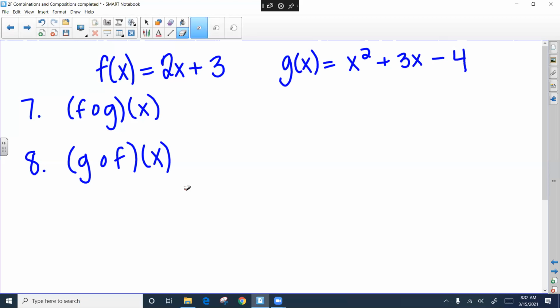So remember when you're plugging in one, you're plugging it into the other. So right here, remember you can write this with open parentheses. And so I put open parentheses where the x is, and inside my open parentheses, I'm going to put it in.